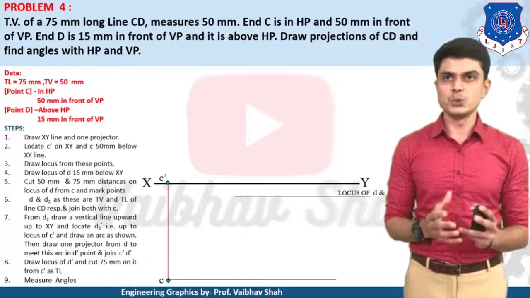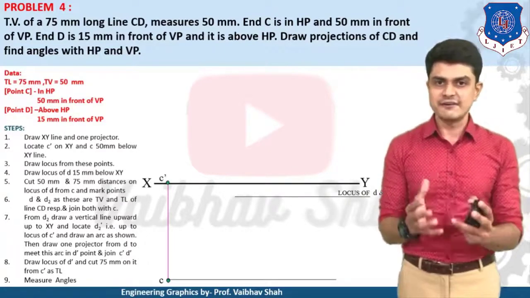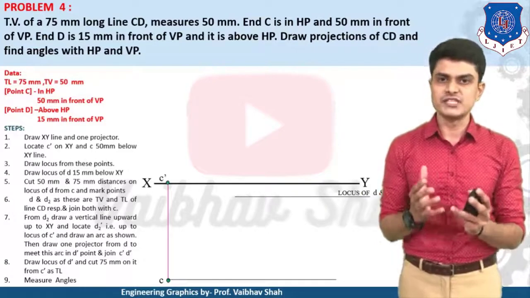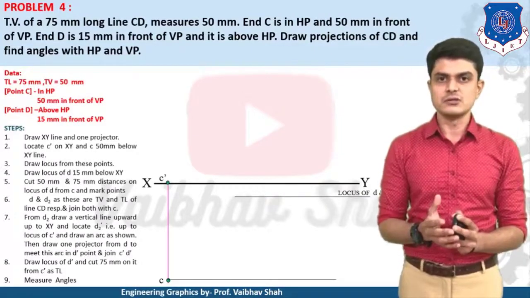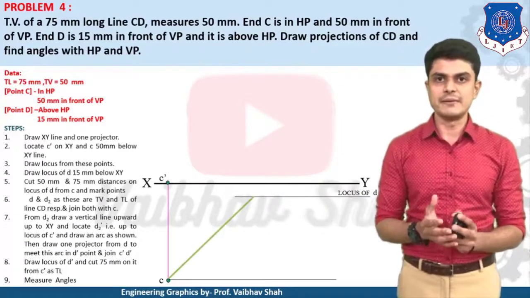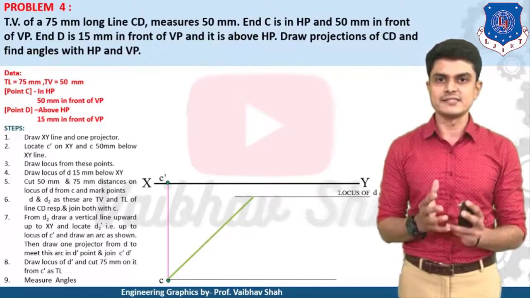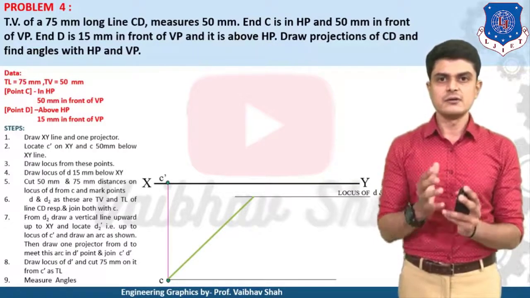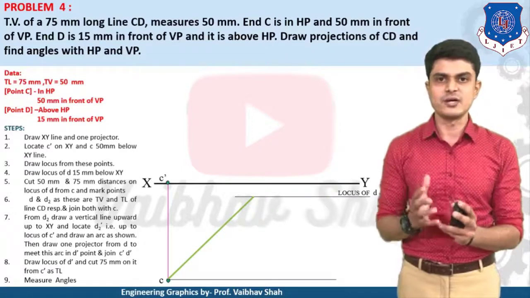So now we have the data, true length which is 75 mm and top view which is 50 mm. Let us first draw the top view, which is 50 mm. We'll take the distance of 50 mm on the rounder, take C as a center and cut this locus.